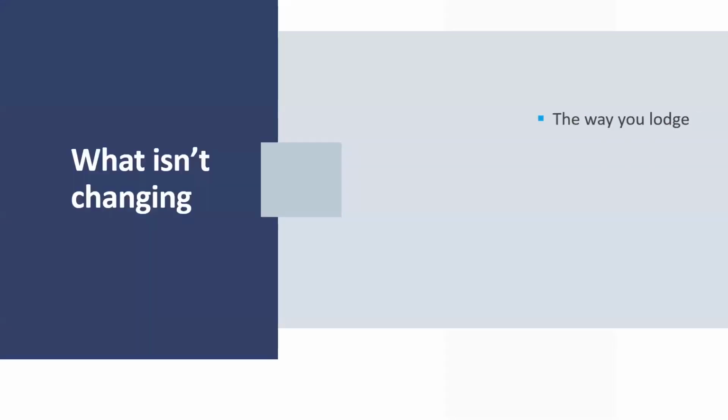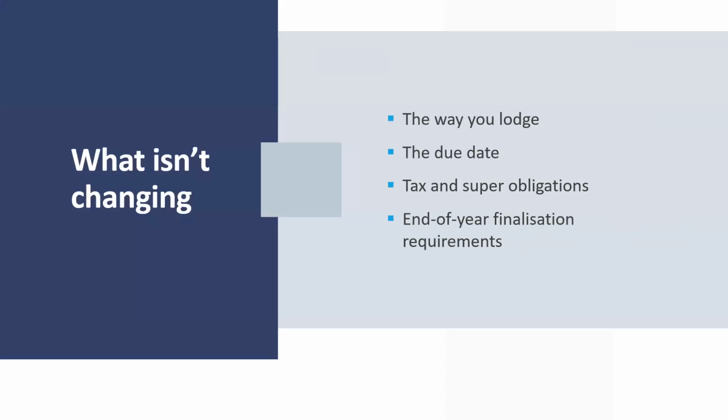Now, what isn't changing with the introduction of Single Touch Payroll Phase 2? So while you need to report additional information in your STP report, all those things that we just touched on, there are many things that will just stay the same. So the way that you lodge your STP will stay the same. That's all done through Xero, which is your STP-enabled software.